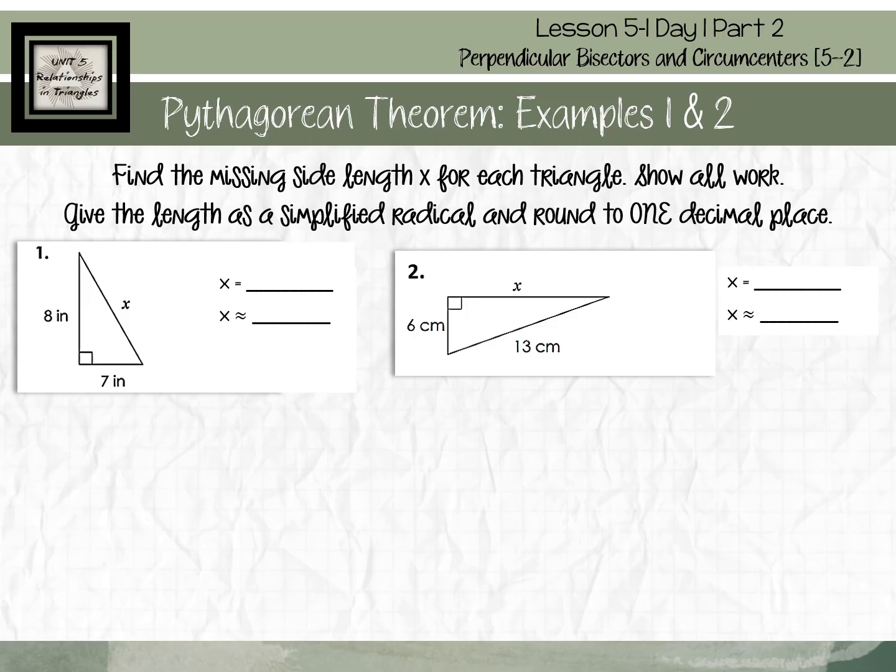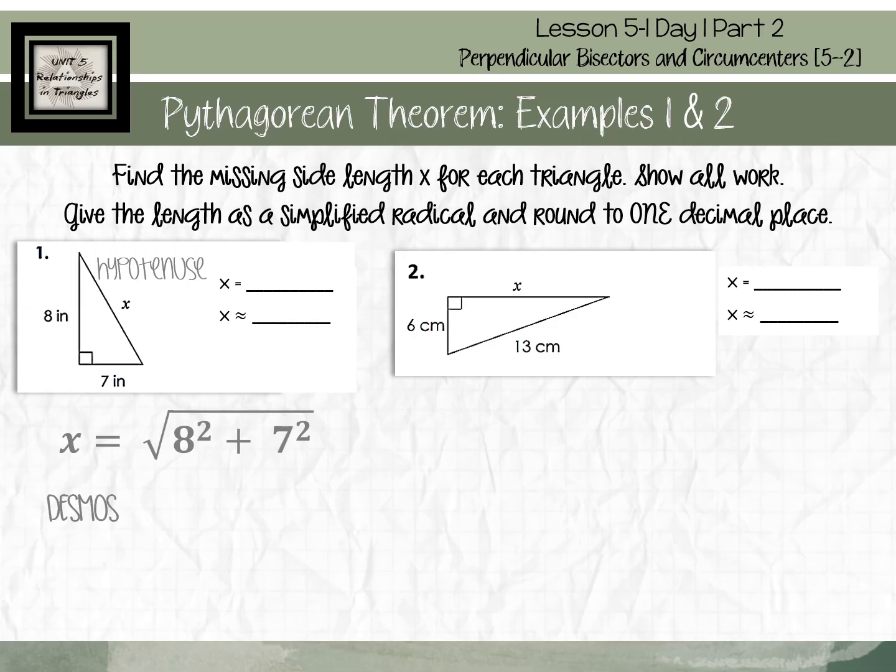The Pythagorean theorem, examples 1 and 2. We're going to find the missing side length x for each triangle, and we're going to show all work. We have a right triangle there in number 1. The missing side is the hypotenuse. So we're going to have to do the square root of 8 squared plus 7 squared.